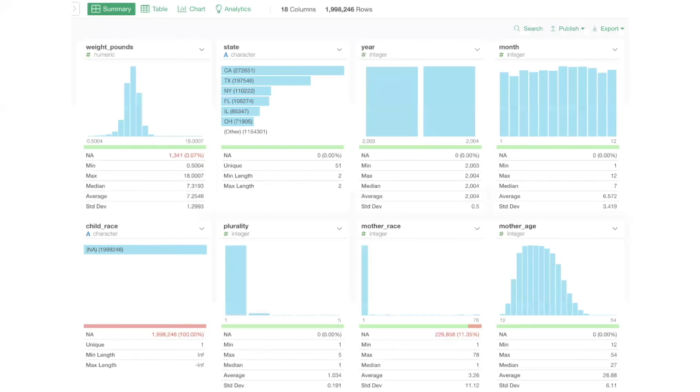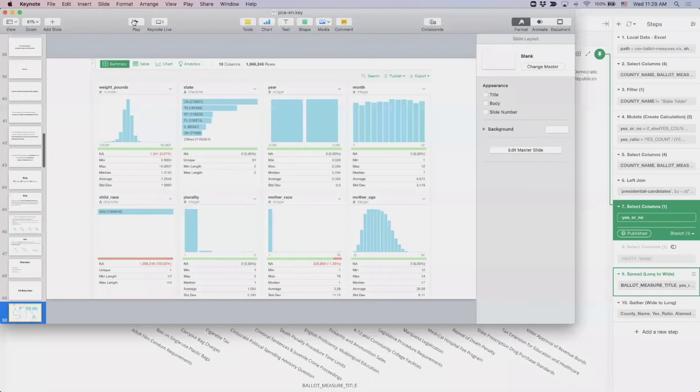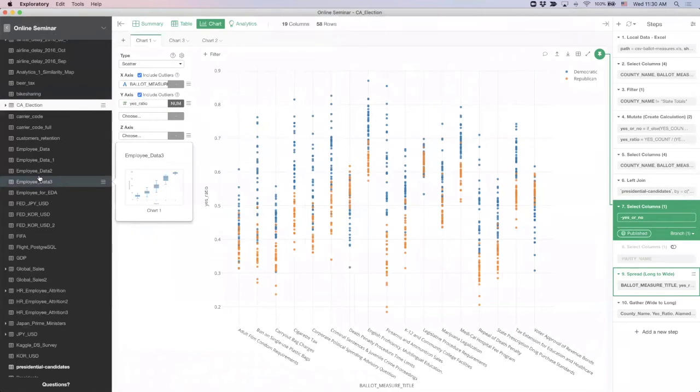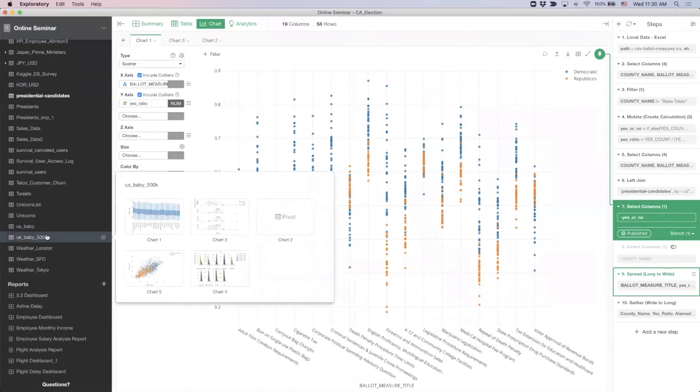So number 1, US baby data. So this is a US baby data.